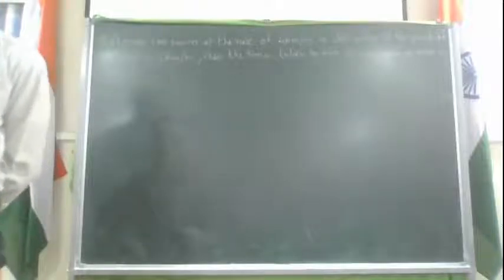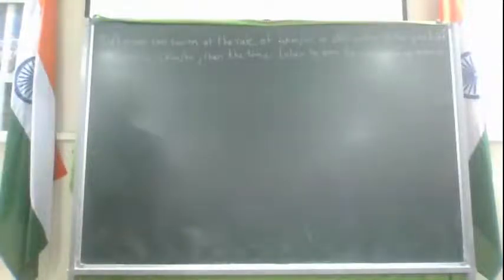So time is equal to distance by speed. Correct, distance is how much? 10 by 2. Answer is 5.